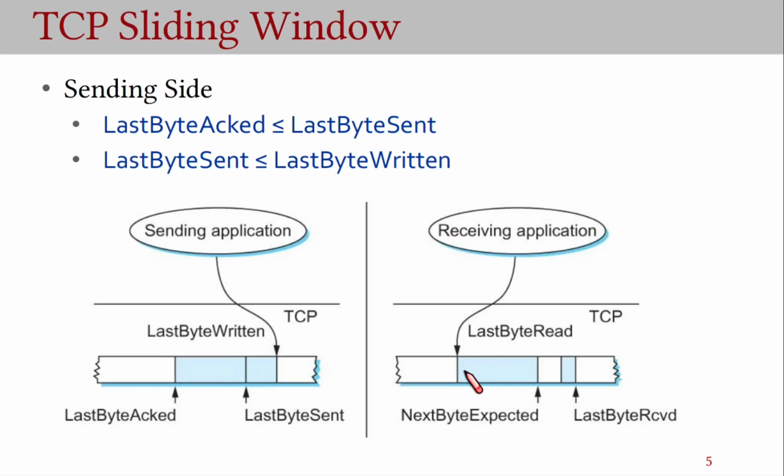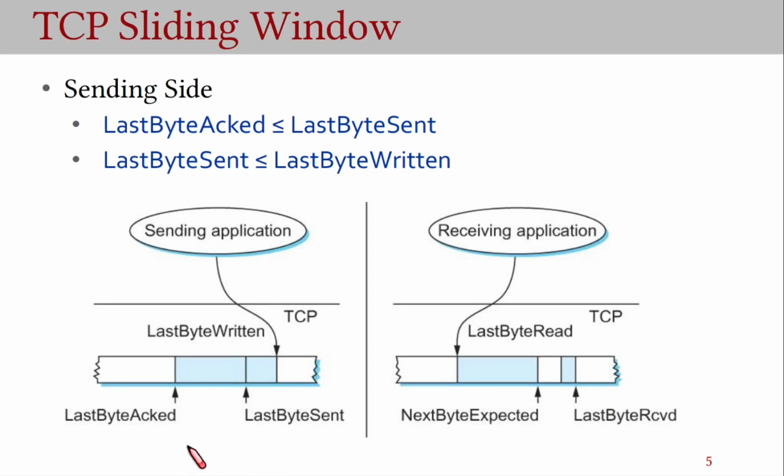On the receiving side, it contains the data that has been delivered in order but the receiving application has not read yet, and also the data that has arrived out of order. And the maximum size of the buffers is fixed on both sides.